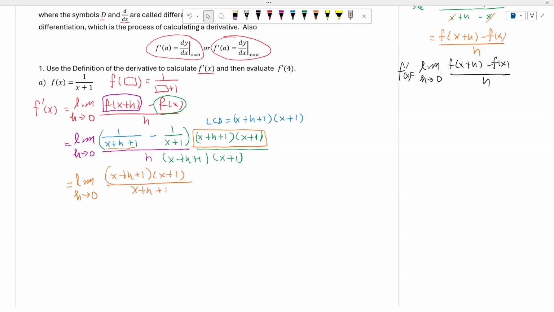Plus h plus 1, minus, this one is x plus h plus 1, x plus 1 divided by x plus 1, all over h. Plus h plus 1 multiply x plus 1. Okay.